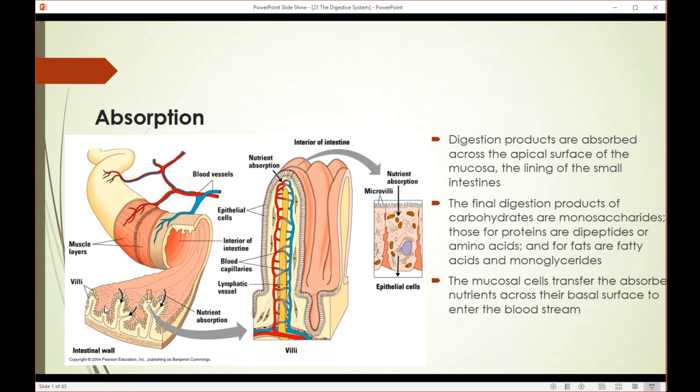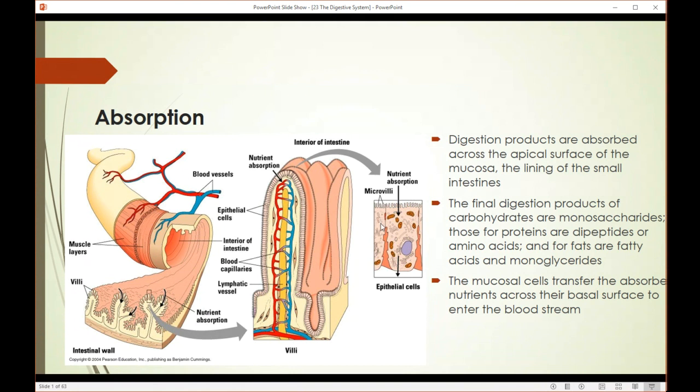So just imagine for a second that your fingers are sticking out, but then off of those fingers you also have what are called microvilli, and within your intestines, on your fingers, we call them fingerprints, right? And so those are there so that they can increase the surface area, okay? So the microvilli help us to increase that surface area so that we can digest more. Okay, so that happens on the apical surface of the mucosa in the small intestines.